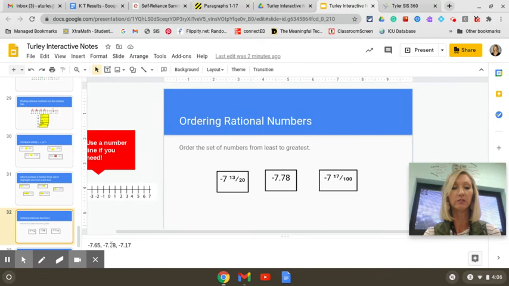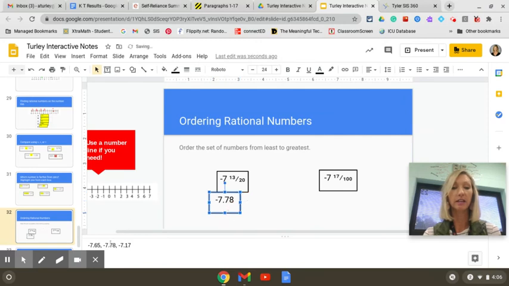So we think we can agree that negative 0.78 would be the least. Okay, and then negative 0.65 would come next, which is this first one. And that leaves us with the negative 0.17 or negative 17/100.